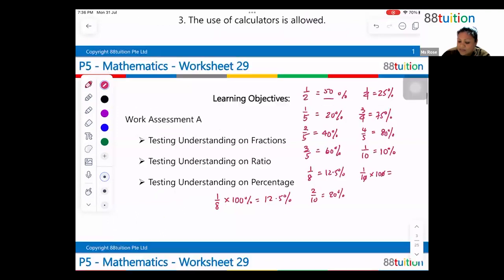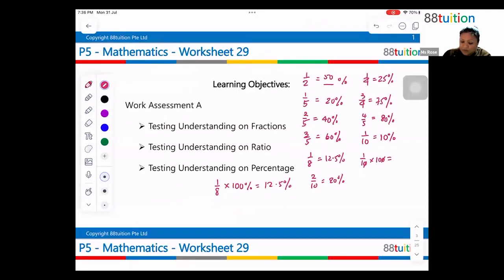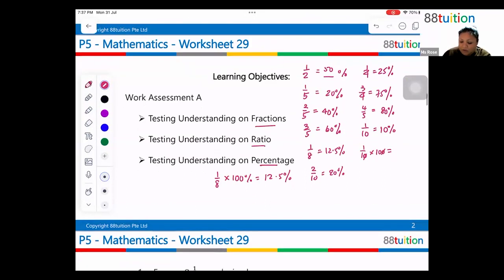Now, then comes this question. Today we're going to do percentage. We're going to revise fractions, ratio, and percentage right now. When we talk about original price, it is always based on how many percent?